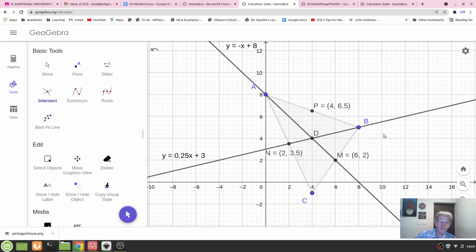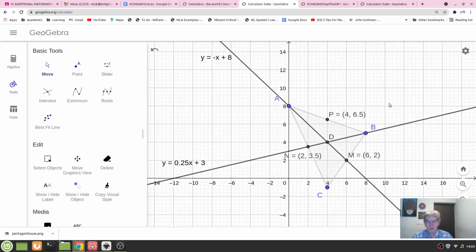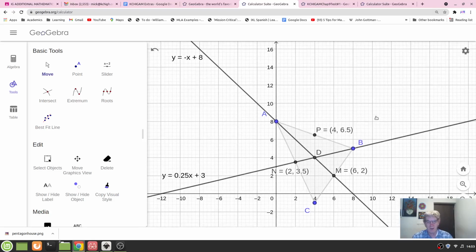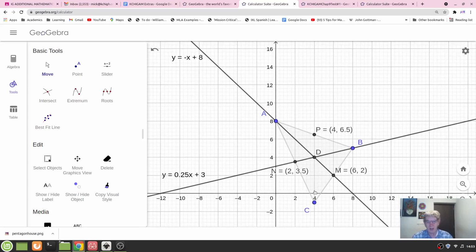Now this is the hard part of the question, and it's also the hard part for most students, and I think it's a good idea for us to try to understand how to do this, okay? So what I'm going to do here is leave myself some space, and I'm going to say, well, it's pretty clear that D lies on the line x equals 4, okay?